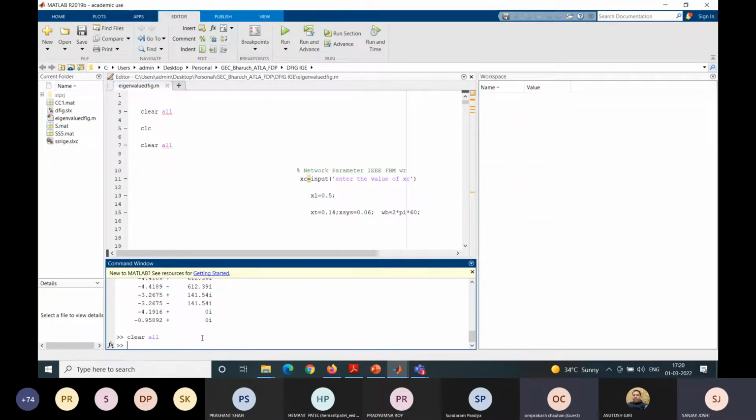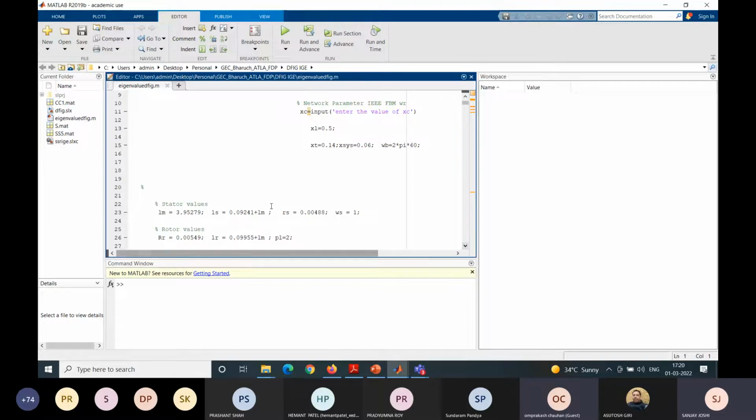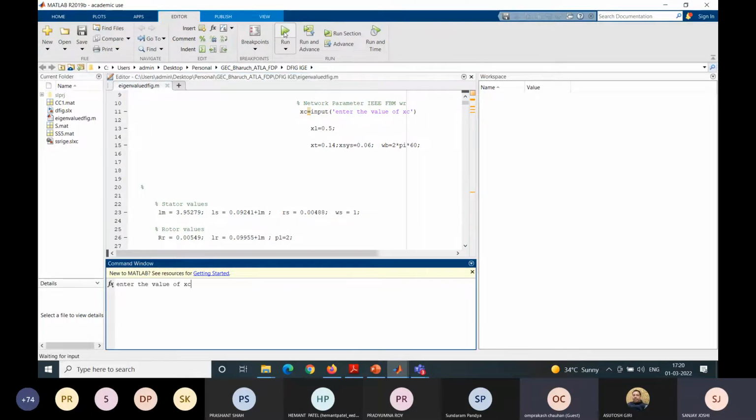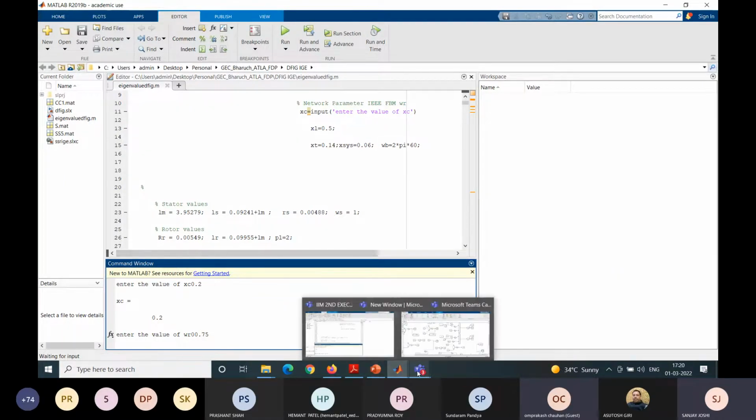As usual, I will clear all the variables, then clear the screen. So first run the case with XC equal to 0.2 PU as we have discussed, and that is 0.75, right? Yes, I will check it out.